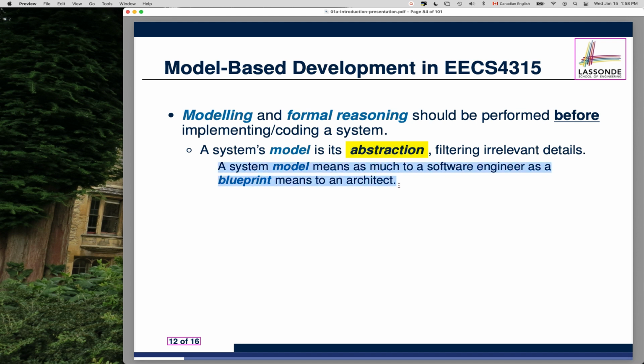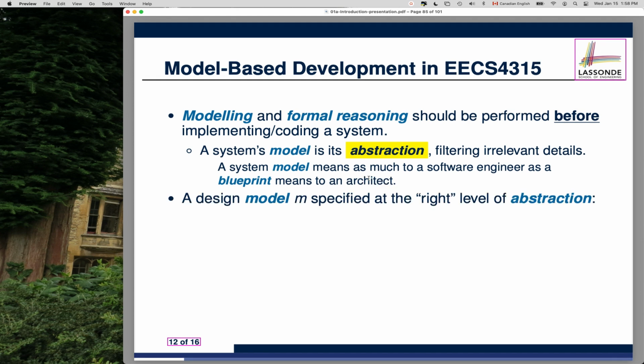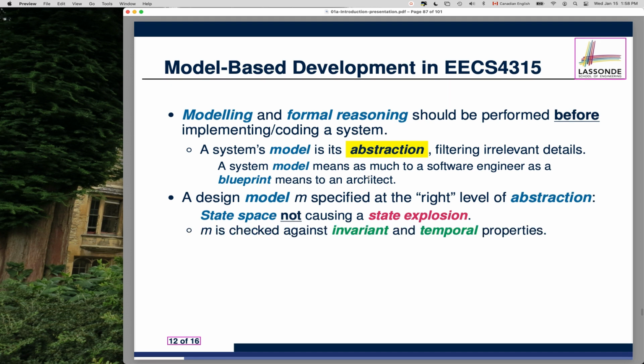Even though you are not really doing exactly like an architect, a model is really important, like a blueprint, right? And all the points over here about state explosion and also temporal property. You don't need to worry too much about it, but we'll talk about temporal logic. For now, temporal property simply means it will be something about timing. Okay, we'll get there. For now, we don't need to say too much.